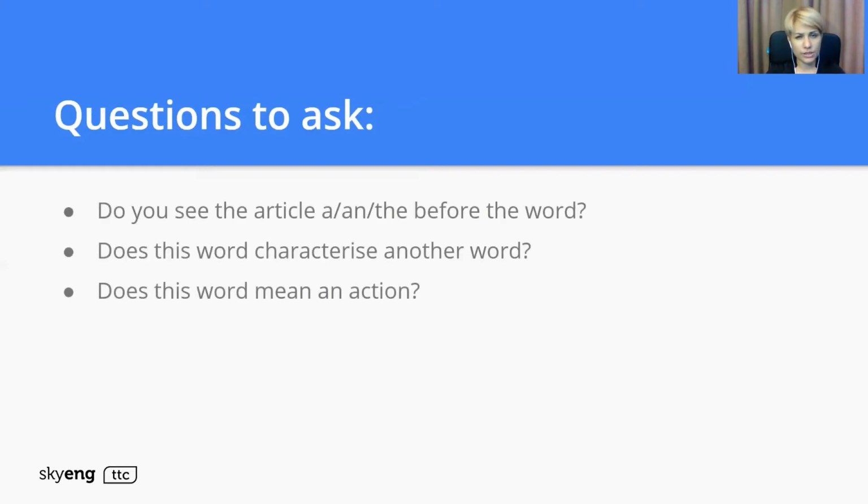So, like, do you see the article there before the word? Does this word that we have to make characterize another word? Does the word mean an action? So we really ask questions that the students have to ask themselves in the exam, and they're helpful.